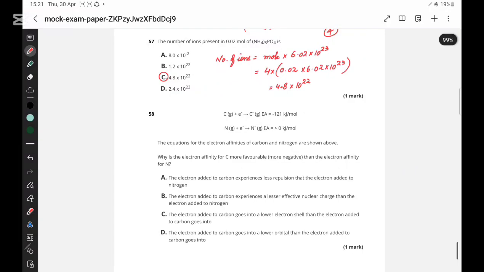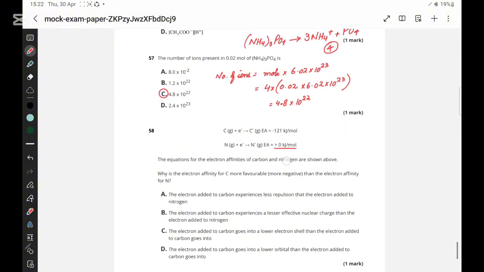Now, the equations for electron affinity of carbon and nitrogen are shown above. Why is the electron affinity of carbon more favorable, more negative, than the electron affinity for nitrogen? We know, for example, this is the first electron affinity.